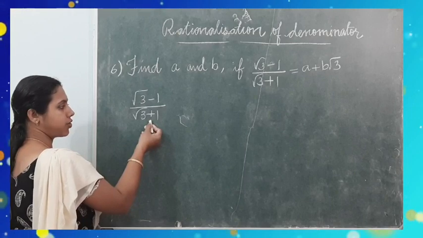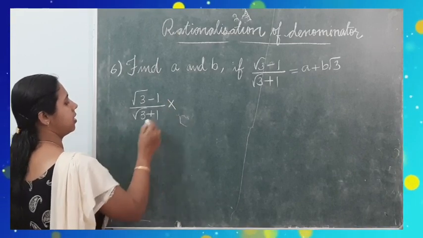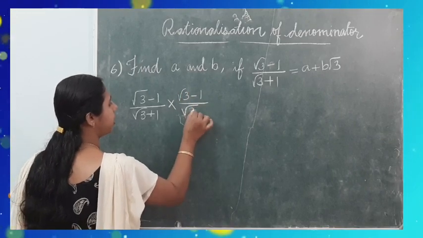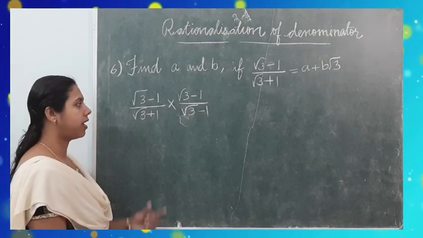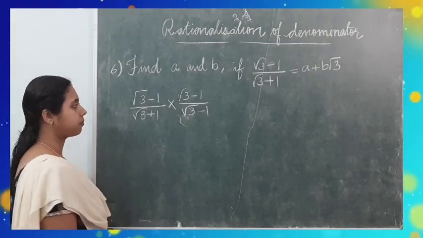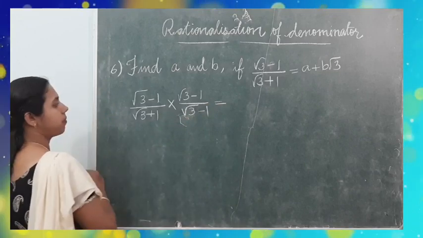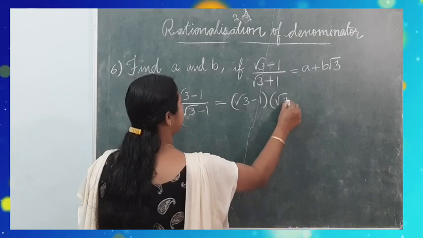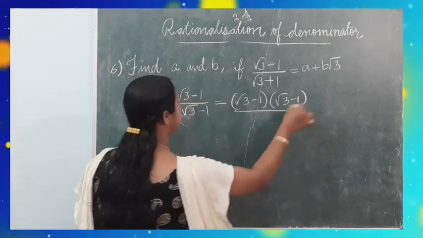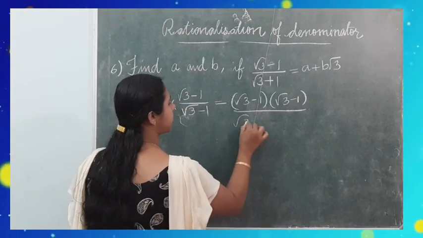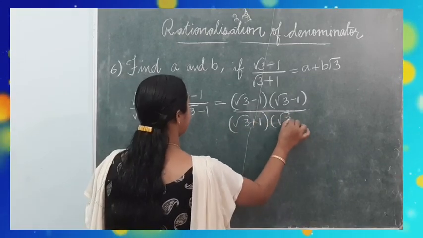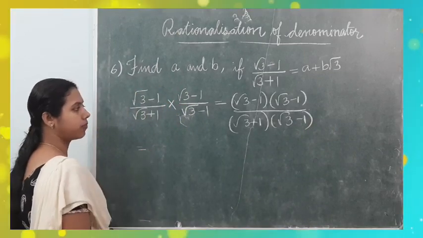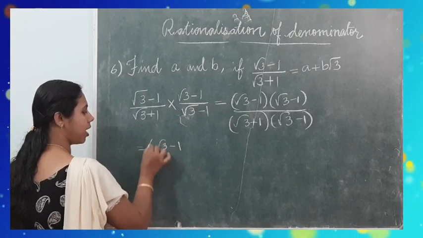and denominator by the rationalizing factor, that is root 3 minus 1. Root 3 minus 1 divided by root 3 minus 1. Multiply with the rationalizing factor, which is equal to root 3 minus 1 into root 3 minus 1 all divided by root 3 plus 1 into root 3 minus 1, which is equal to root 3 minus 1 whole square.